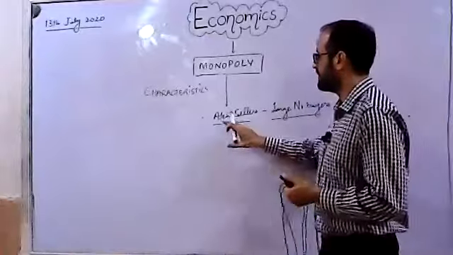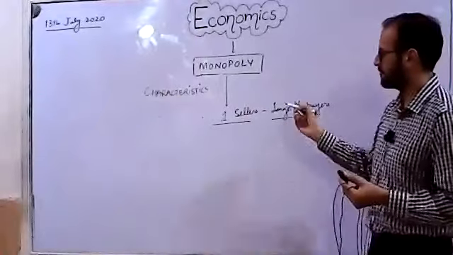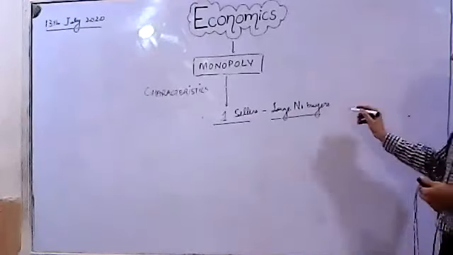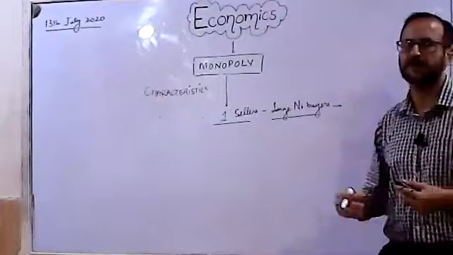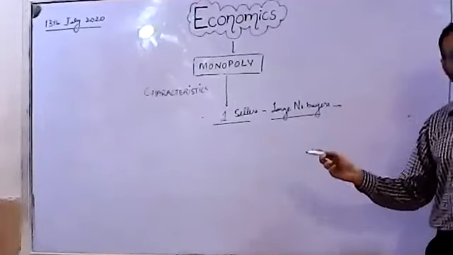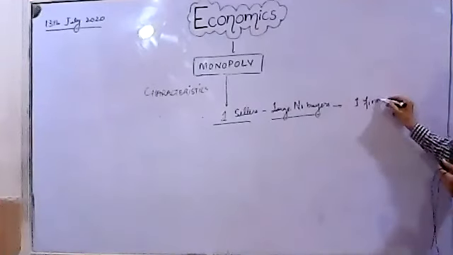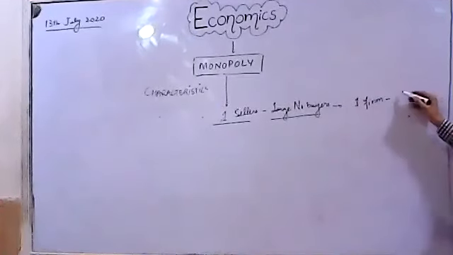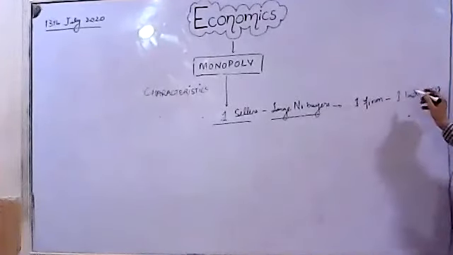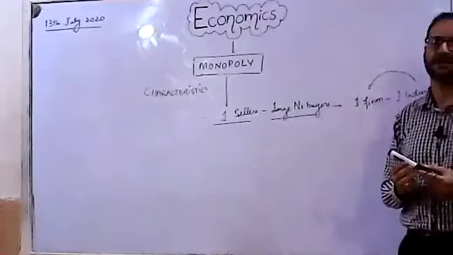But if we are talking about the very ideal situation, there is only one seller, just like WAPDA or Media. So there is one seller and a large number of buyers. How is it different from perfect competition? In perfect competition, we have a large number of firms, but over here we have one firm, and that one firm is also the one industry. So this is one difference: the firm itself is an industry.